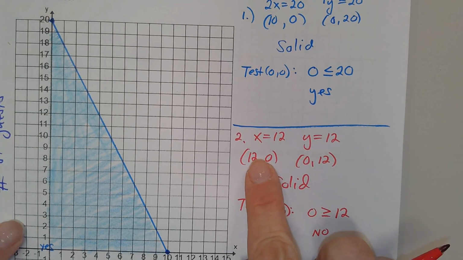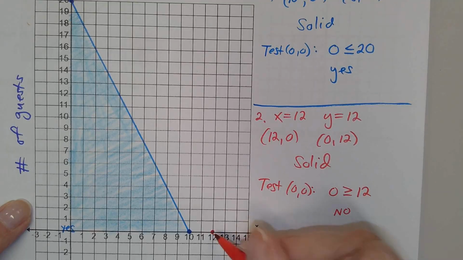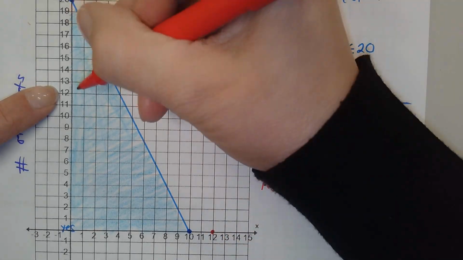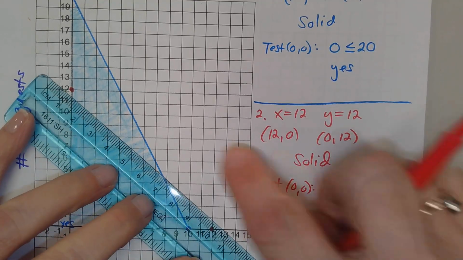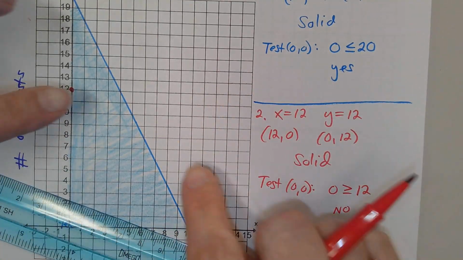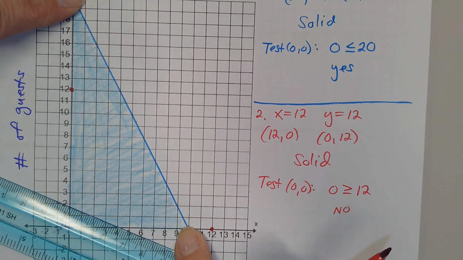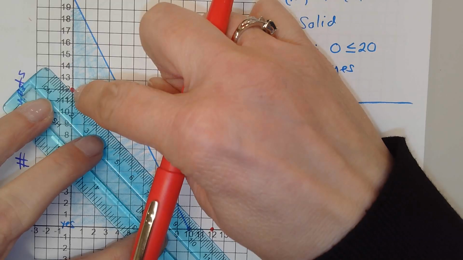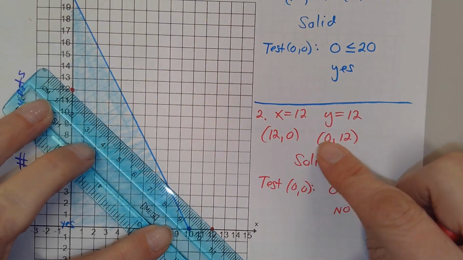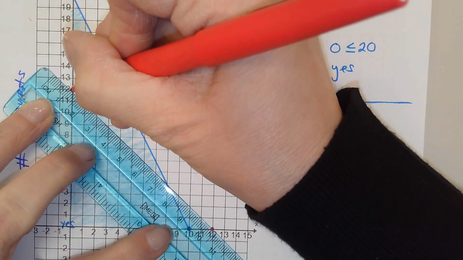So we have 12 for the x-intercept, 12 for the y-intercept, and solid between the red dots. It's important you do all of the blue first so we don't get confused. This dot goes with this dot. These intercepts make the second graph.